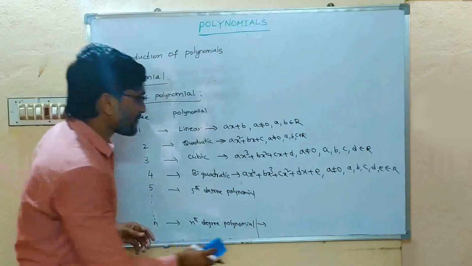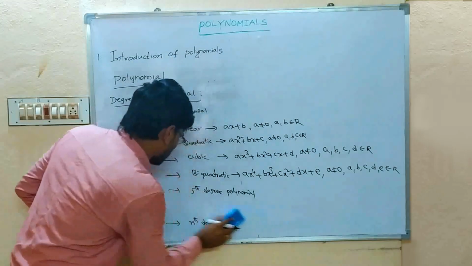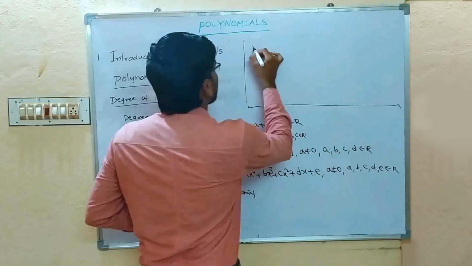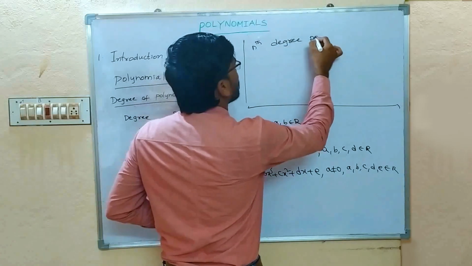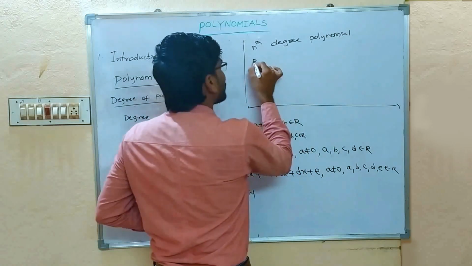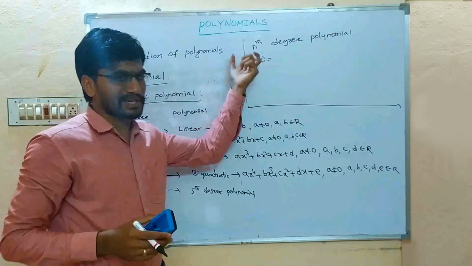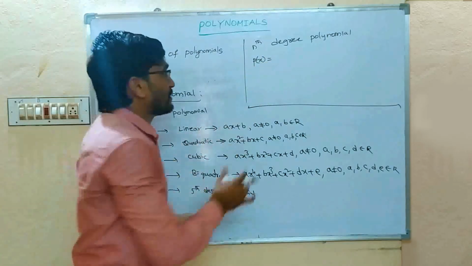So what is the general form of an nth degree polynomial? Let me write this as p of x. It can be p of x, f of x, or g of x, any one. It is a polynomial in the variable x.